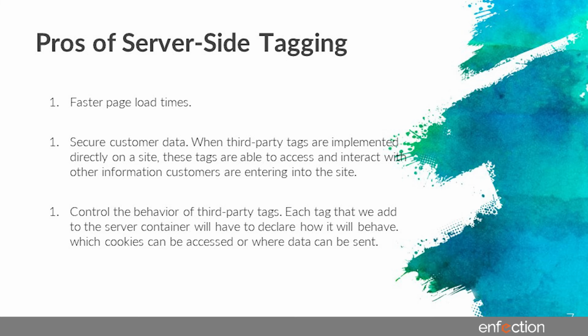We can declare beforehand, okay, to Facebook Pixel, pass on this data only. So through Tag Manager, that is being controlled. So basically the behavior of the tags is being controlled. That's actually why they say privacy. For privacy, this has been a very important thing.